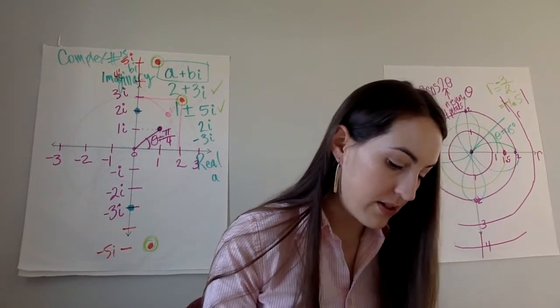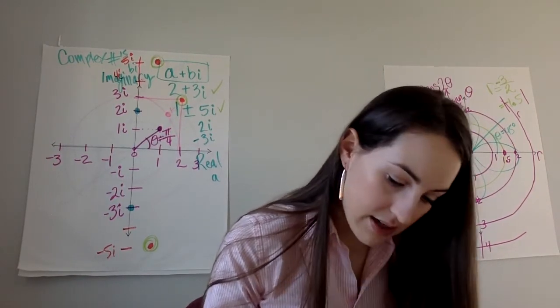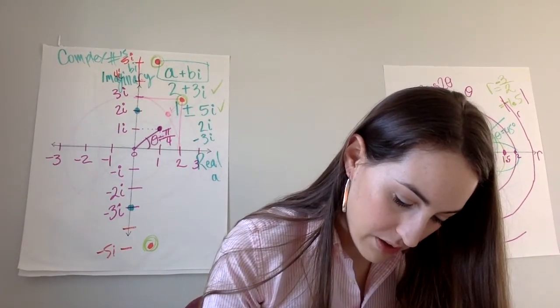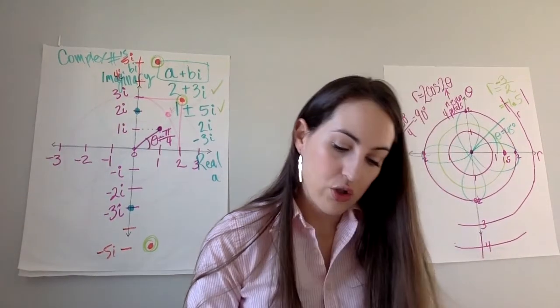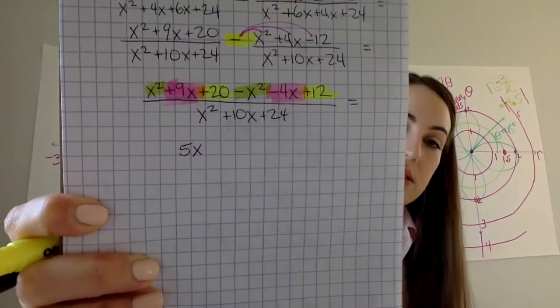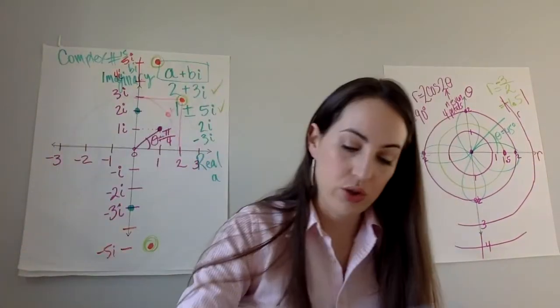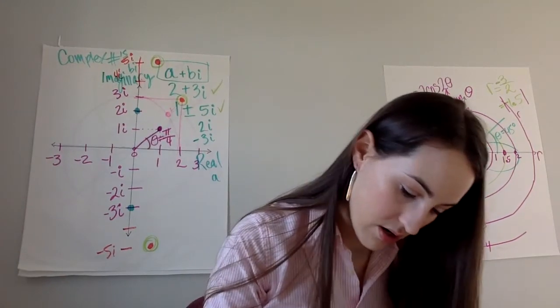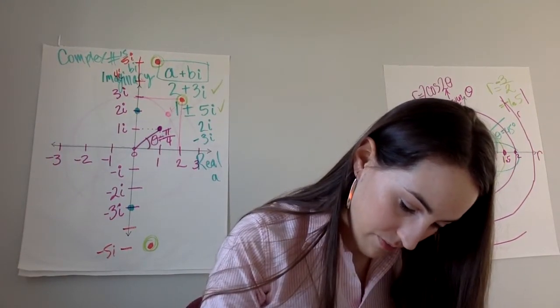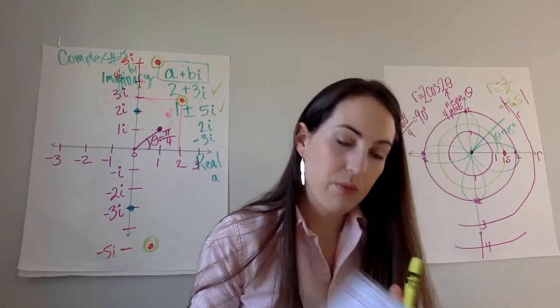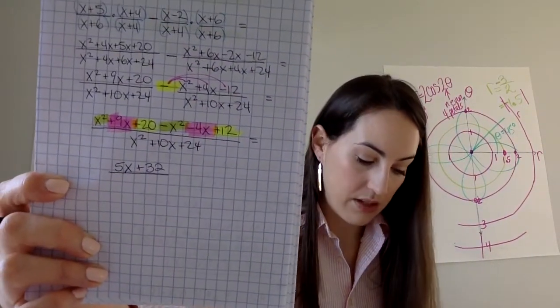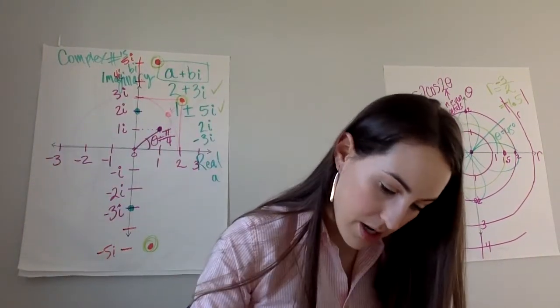So you have a 5x. And then lastly, we have a plus 20 and a plus 12 in the numerators there. So 20 plus 12 gives us a 32. Write that into your numerator. And then we have just the same denominator that was there from before, so copy that same denominator.